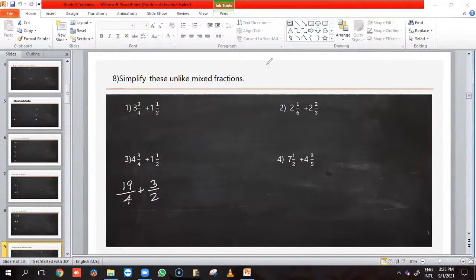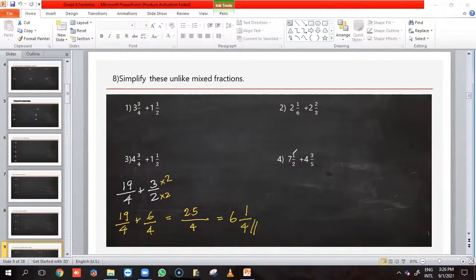To convert this to a common denominator, this by 2, this by 2. 19 over 4 plus 3 times 2, 6 over 4. Then you can write the answer, common denominator, 19 and 6, 25. Now 25 divided by 4. How many 4s are there for 25? There are 6. Remaining 1 over 4. Right. Next question, question number 4.